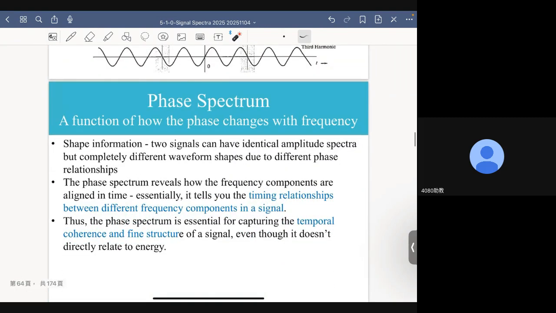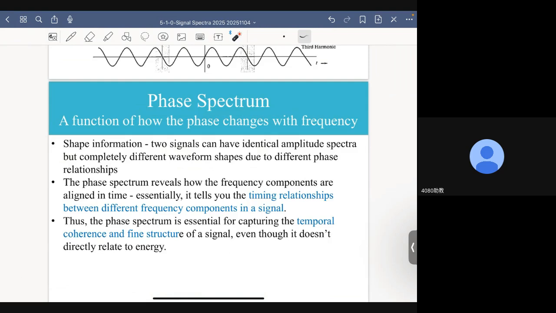Now, if I recall correctly, at the end of last week's lecture, we talked about the role of the phase spectrum. It has everything to do with shape information, which means that two signals can have identical amplitude spectra, but completely different waveforms. Their amplitude spectra look exactly the same.